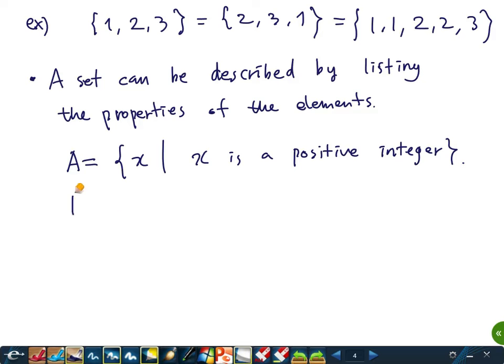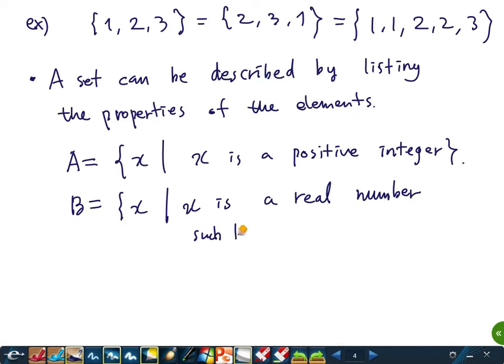And also, x may be something like: x is a real number such that x is between 0 and 1. One can define a set like this. It gives the properties of the element: it's a real number, and it satisfies this.